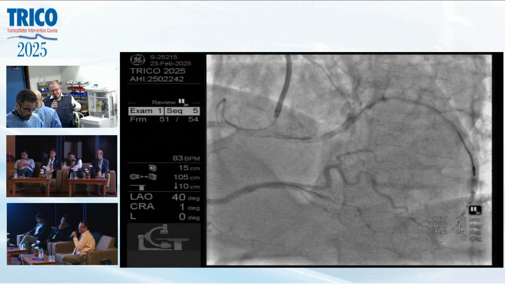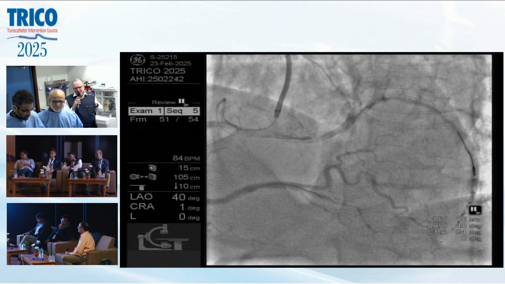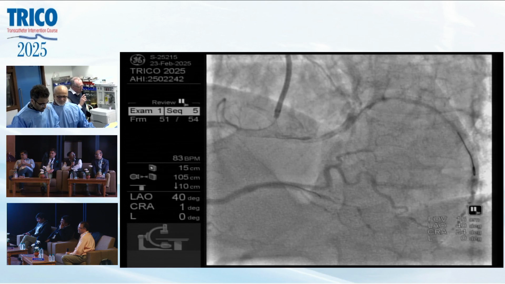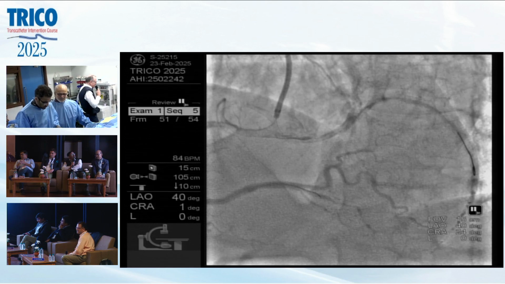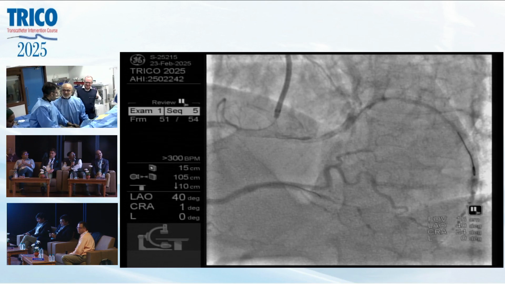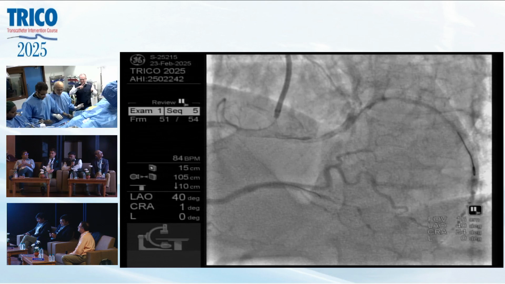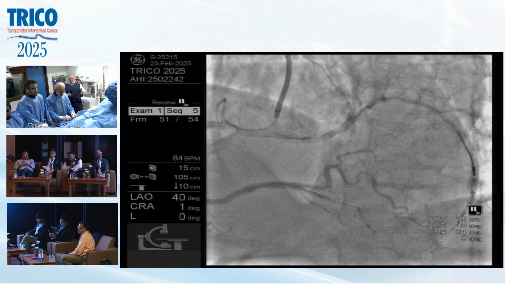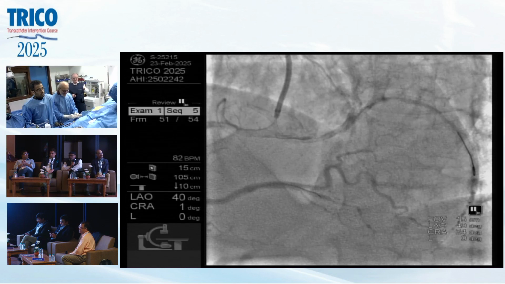He's here. He may have a very contemporary case to share with you, unless he's going to be showing that this afternoon. Okay, retroaortic circ, he's going to present that case in the afternoon.